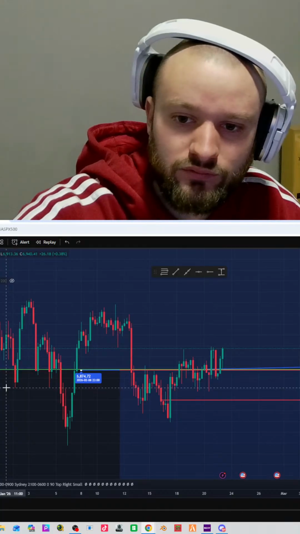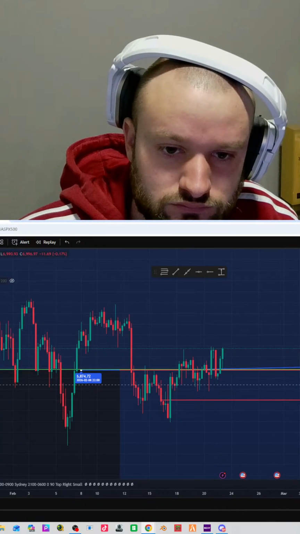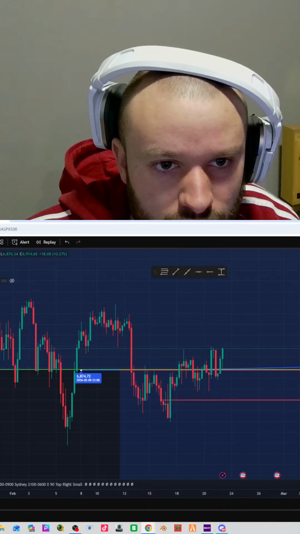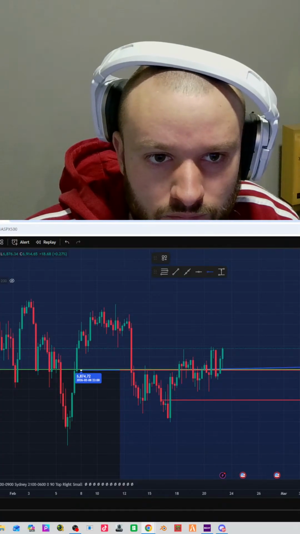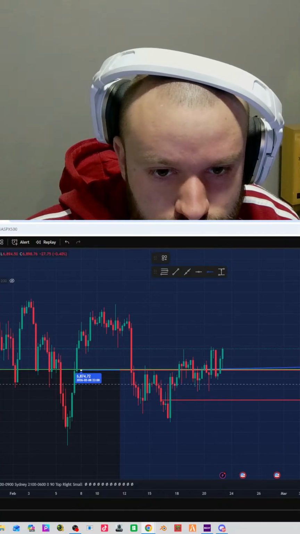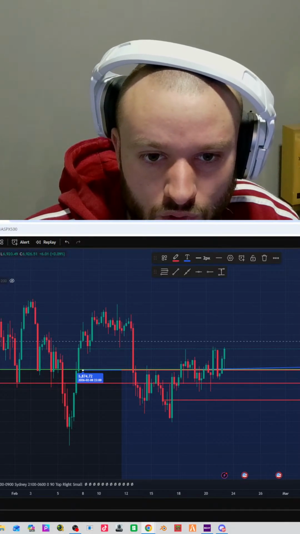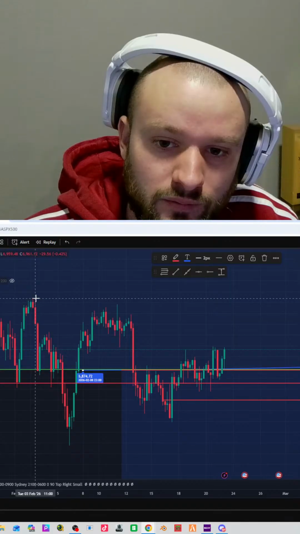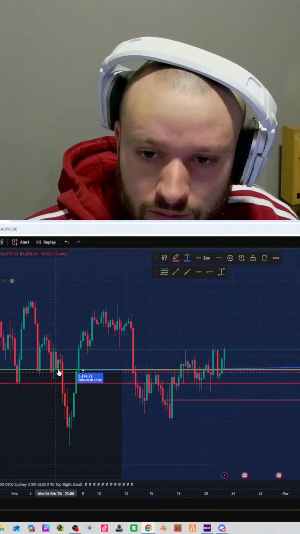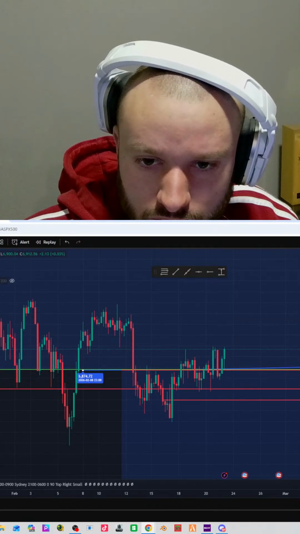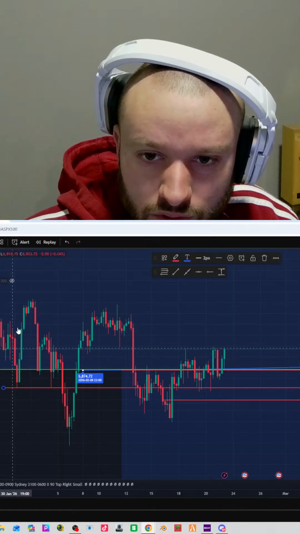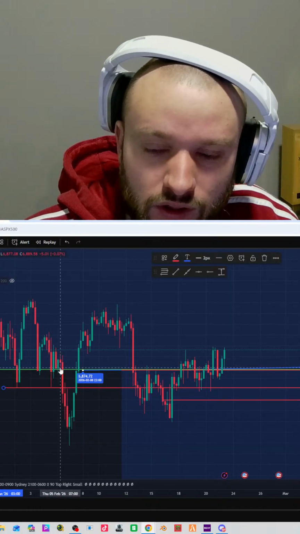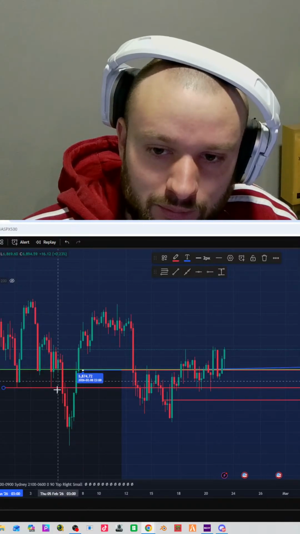Pretty sure. Maybe right here. Liquidity sweep. Boom, shoots up. Here's another one. Hits it, and then it pops up.